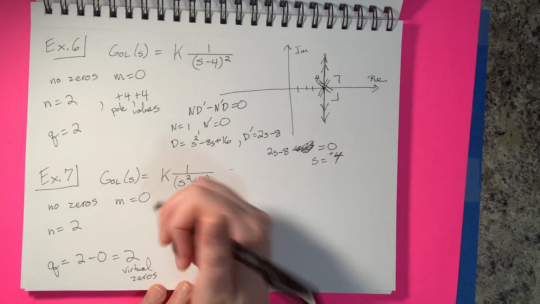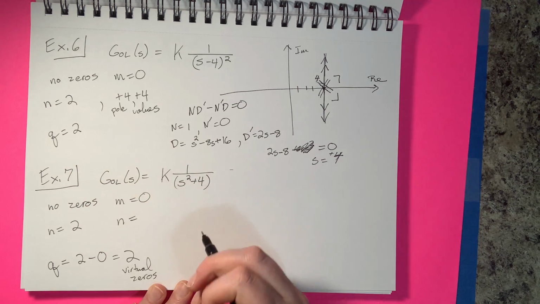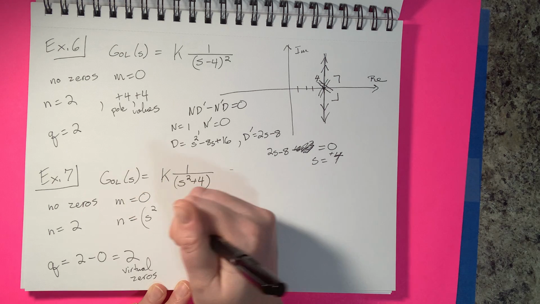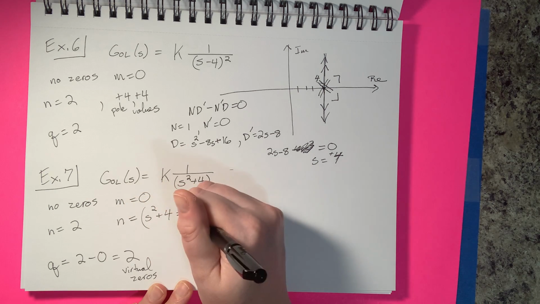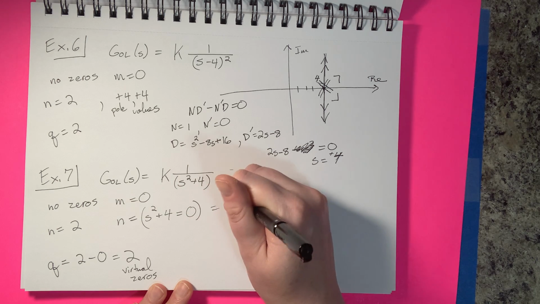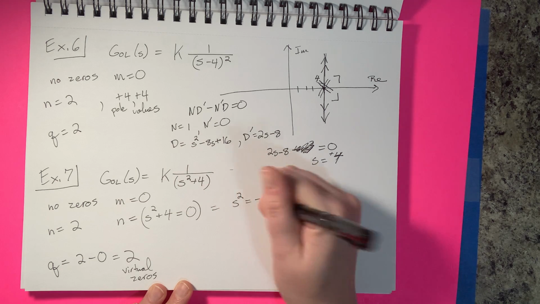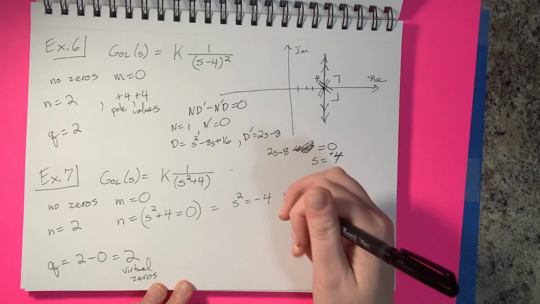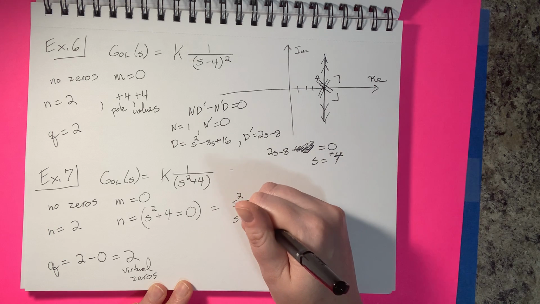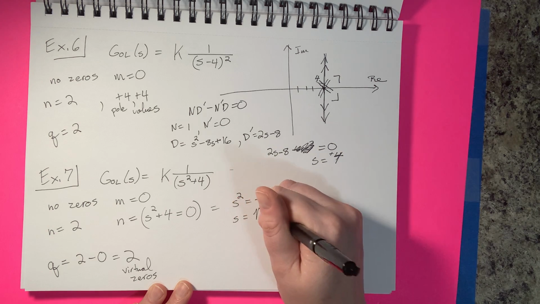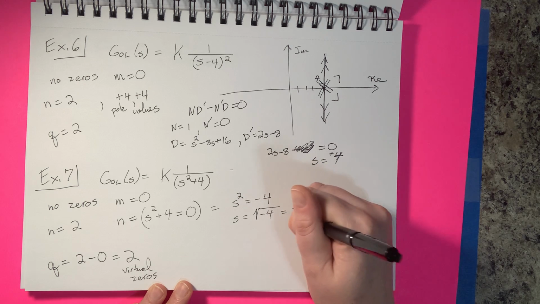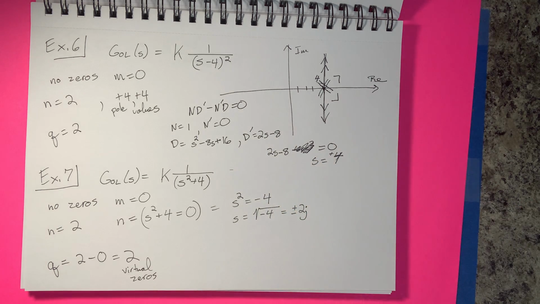All right. So what are the values of our poles? We have to solve s squared plus 4 equal to 0. If we solve that, we get s squared equals -4. So s, solving for our root there, equals the square root of -4, which would then be plus minus 2j, or j2, however you write it.